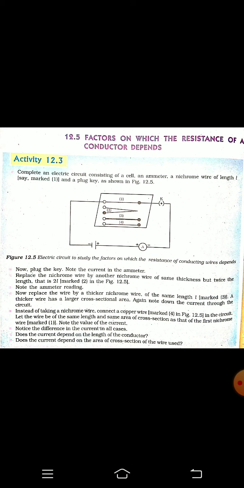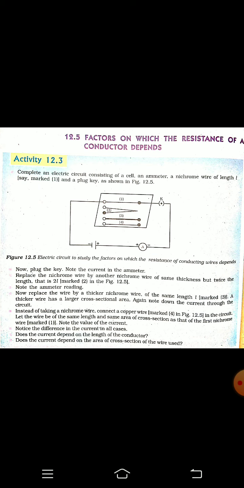In the second case, we have to remove this nichrome wire of length L and place a nichrome wire of double length. That means number 2, which is length 2L. And then we have to note the reading.